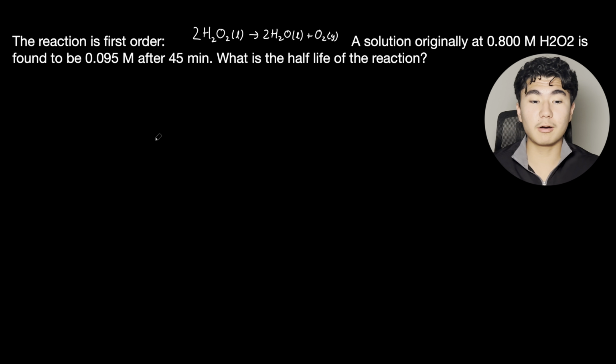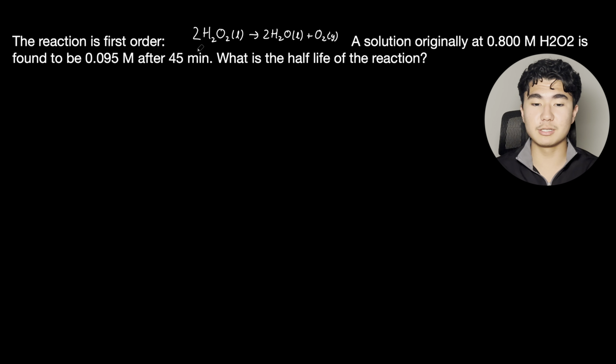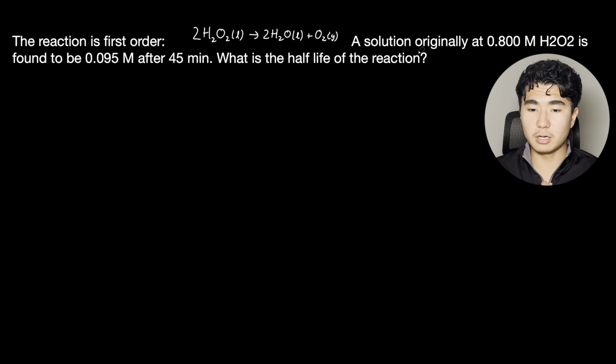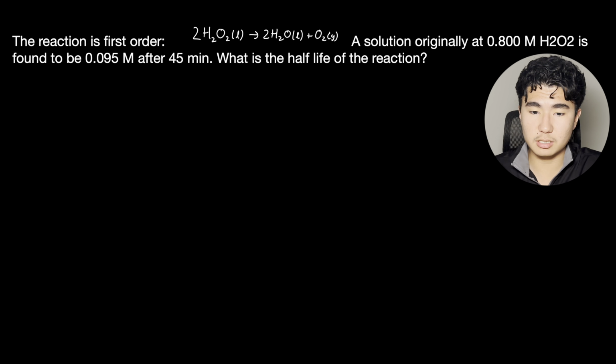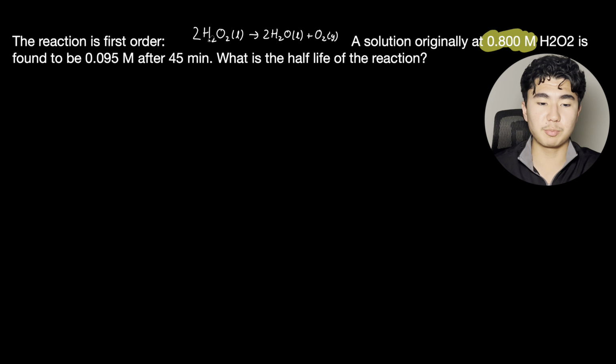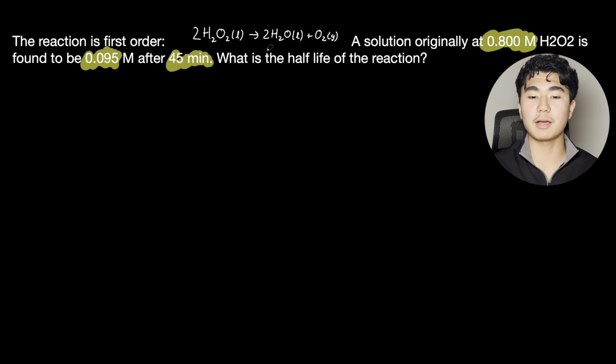Alright, so let's look at our first question for looking at half-life. It says the reaction is first order, and this is 2 hydrogen peroxide goes to 2 water plus oxygen, and it says a solution originally at 0.8 concentration of hydrogen peroxide is found to be 0.095 after 45 minutes, and what is the half-life?